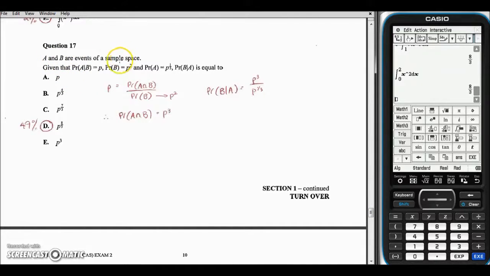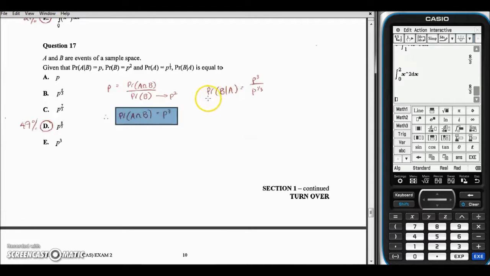So they're events of a sample space. Given that the probability of A given B is P, the probability of B is P squared, and the probability of A is P to the 1 on 3. What's B given A? All right. So the probability of A given B, which is P, the formula for that would be the probability of A intersect B divided by the probability of B. And the probability of B is P squared. So P equals the probability of A intersect B over P squared, which means that the probability of A intersect B is P cubed.